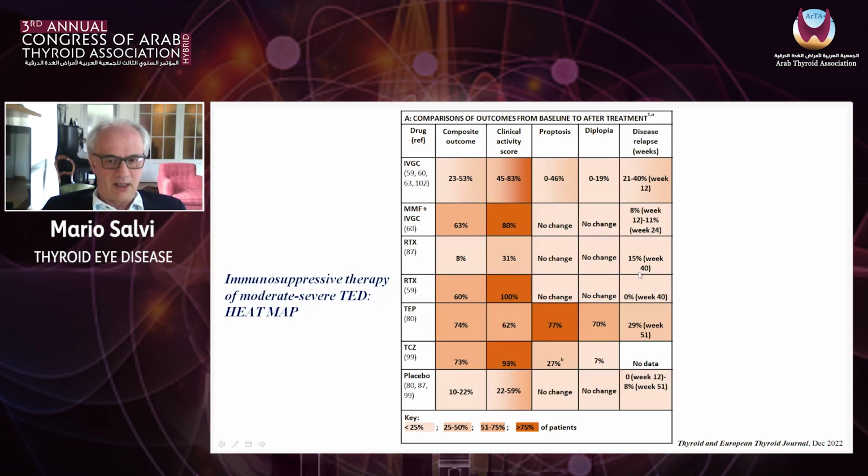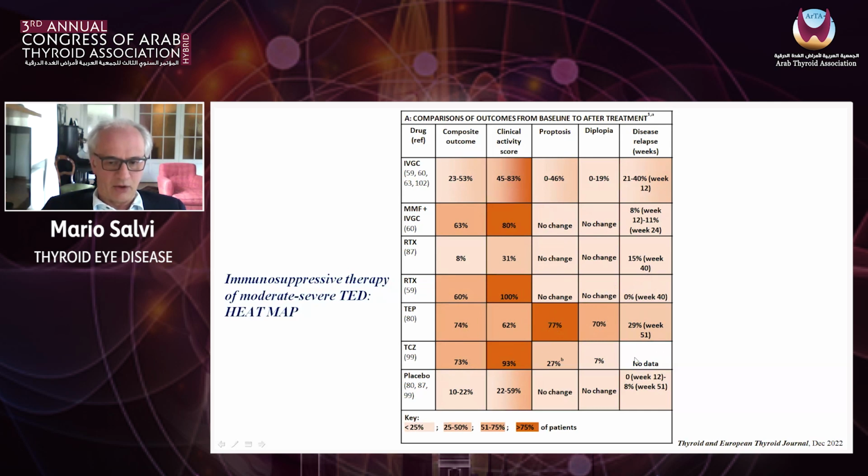The rate of disease relapse is very low. Teprotumumab is very effective, especially in reducing proptosis and diplopia, but with a significant rate of relapse of about 30%.